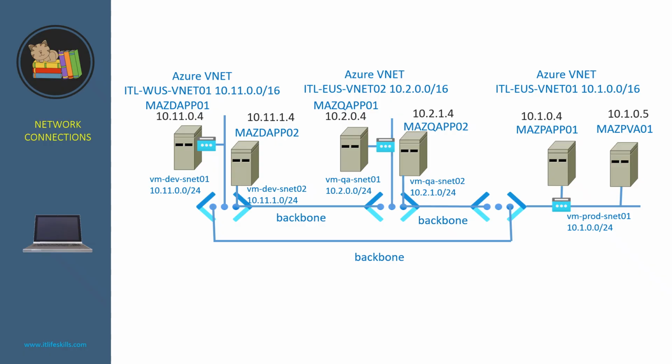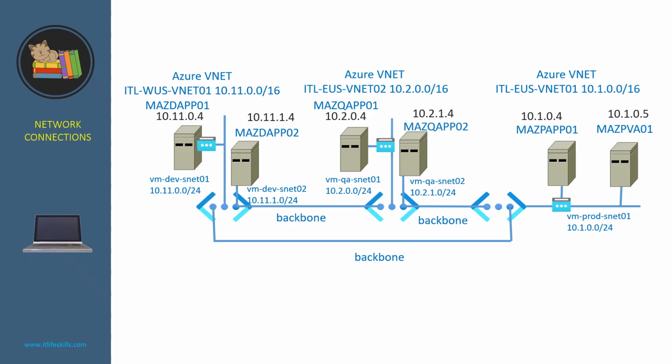Now let's pay attention to the network connections. As you know, VNets are built on top of the Microsoft Azure Backbone Global Network, which means there exists a physical connection between the two VNets.